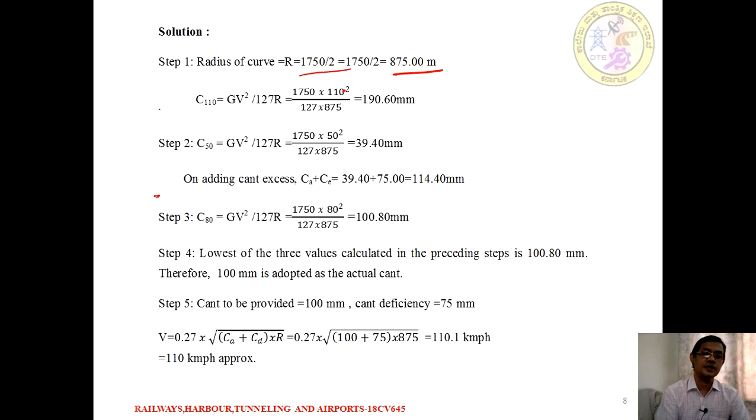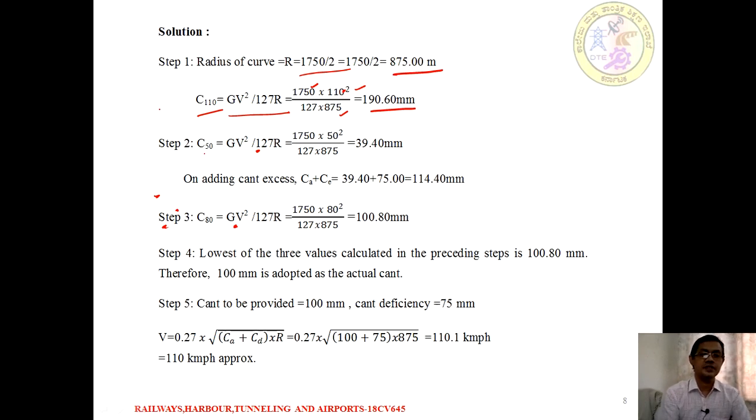For the cant, if we are going to use the design speed of 110, it is going to be GV square by 127R. So G is going to be 1750, the speed is going to be 110, and the radius we just found is 875. So for a speed of 110 kilometers per hour, the cant is going to be 190.6 mm.